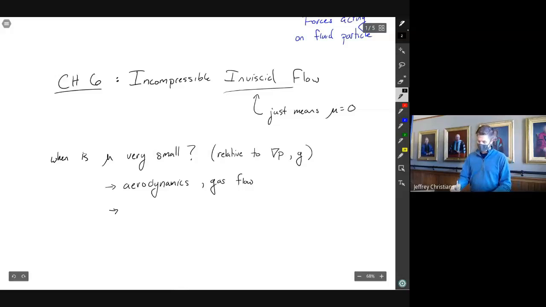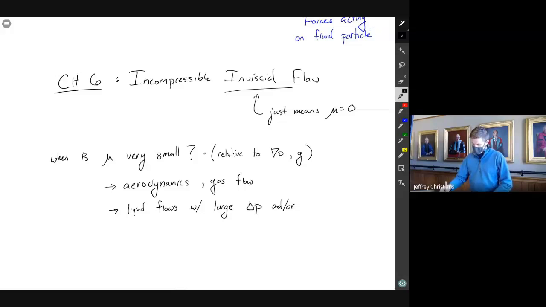It also happens over in liquid flows with large changes in pressure over short distances.